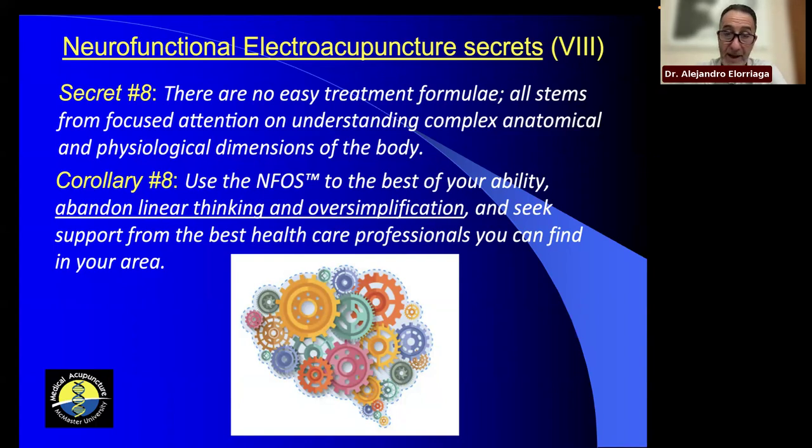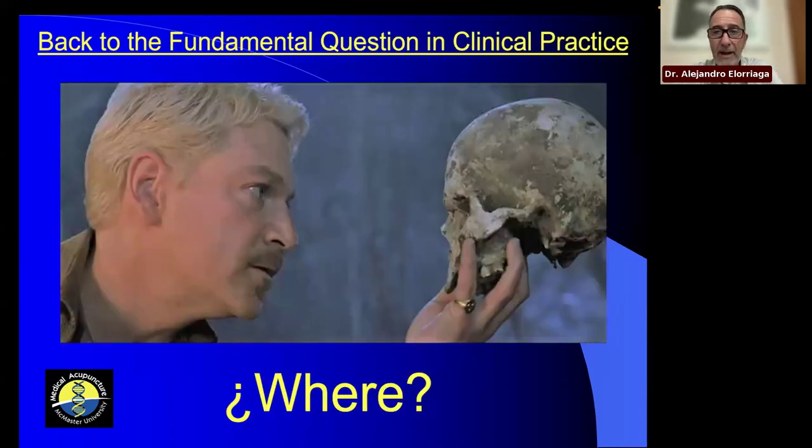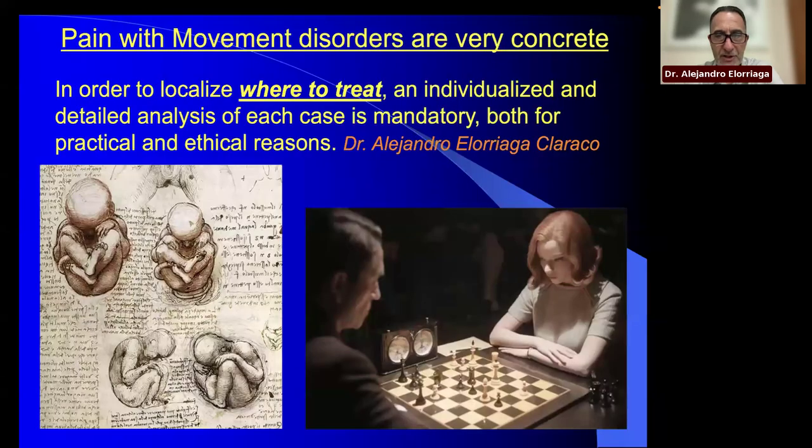So now I go back to the initial question, and I'm going to give the last 10, 12 minutes, then I'll leave room for questions. I go back to the origin. Where to treat? That is the question. And now we're better equipped to understand this, that pain with movement disorders are very complex.